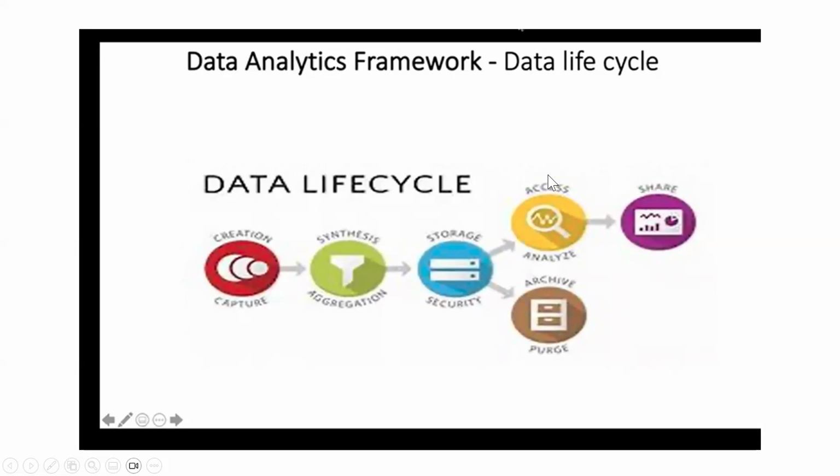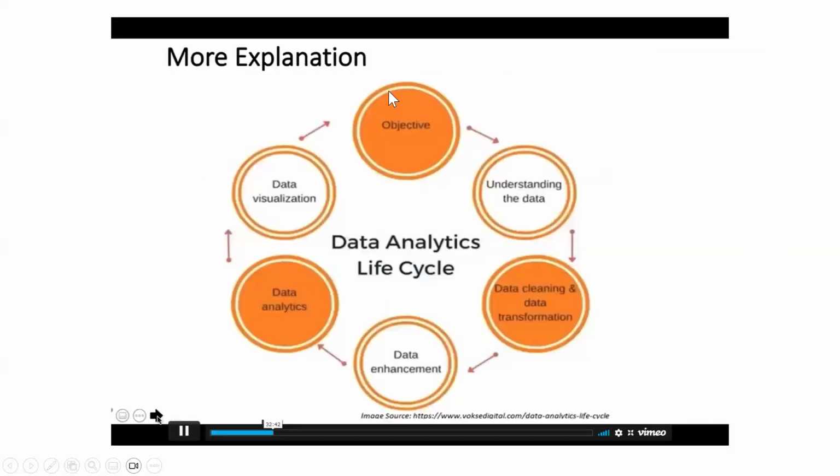And then maybe you access it for sharing, or you access it for analyzing. And it could also be that you're not sharing, you're just going to archive it or delete it or purge it. So that's all it is for data life cycle.